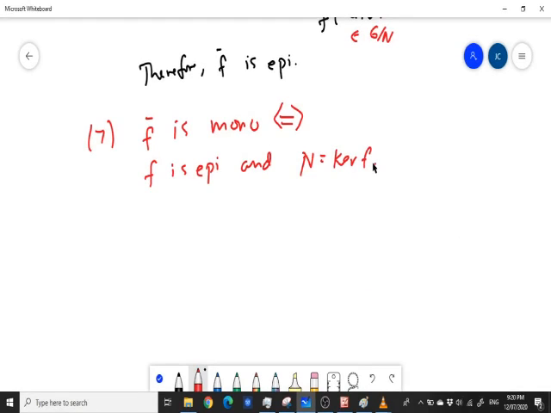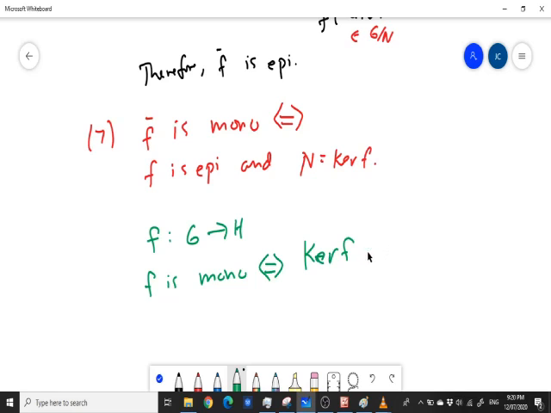There's a result about monomorphisms that we can use. So the result states that, say f is a homomorphism of groups. F is mono if and only if the kernel of f equals what is that?